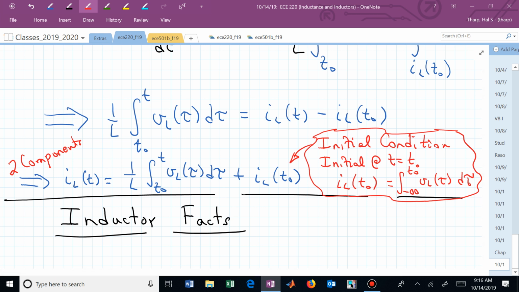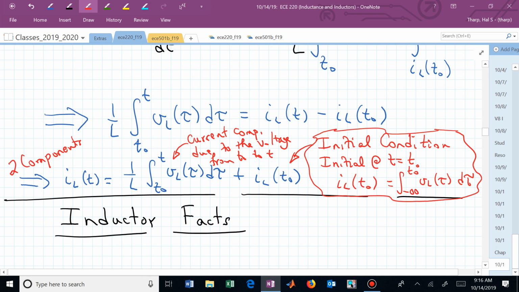That's one part of your current flowing through this inductor. The other component is the current component due to the voltage from t sub 0 to the present.